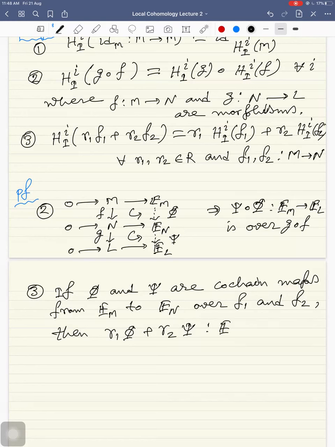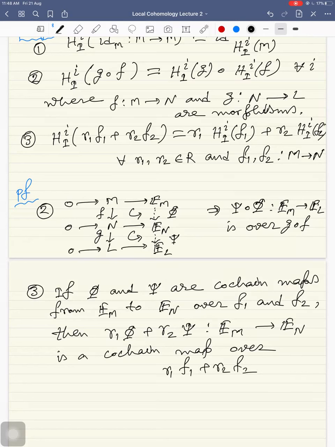This is also a quotient map from EM to EN. Then this is a quotient map over R1 times F1 plus R2 times F2. And next you use this quotient map to compute this one. What you get is this one, because taking cohomology is a functor. Again, you can use that.